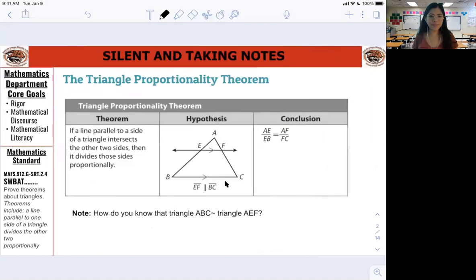Alrighty. So today we are going to be going over something called the triangle proportionality theorem. So can I have a volunteer? Let's just begin by reading the theorem, and then we will talk about what it actually means. Who would like to volunteer?